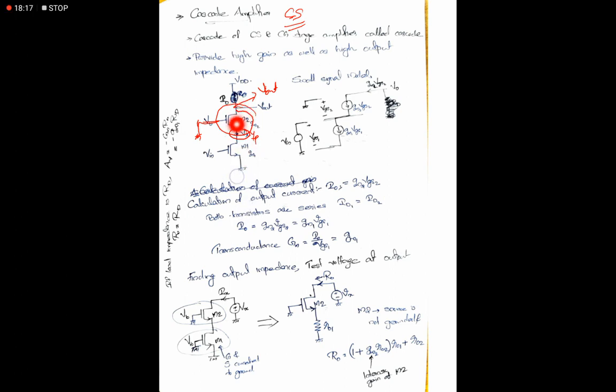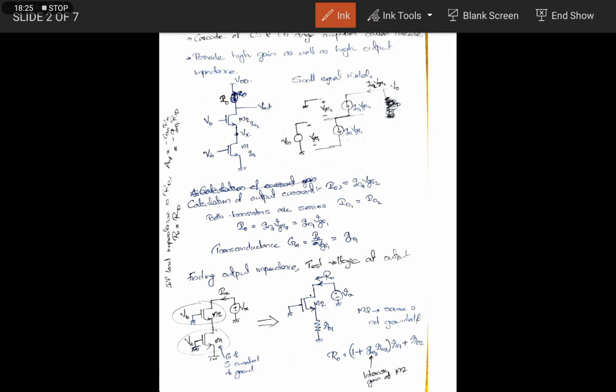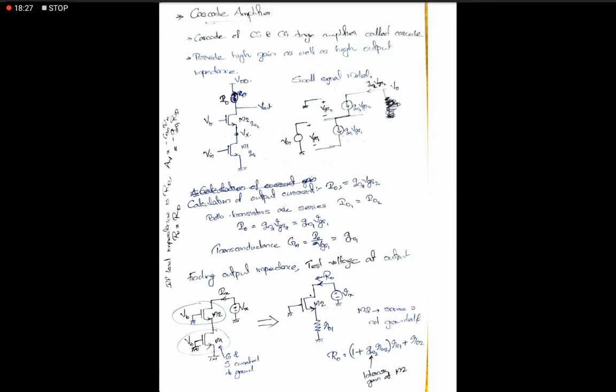And in this cascode configuration, how we calculate the gain is, we try to find the value of the effective transconductance of this configuration and the output impedance of this configuration.